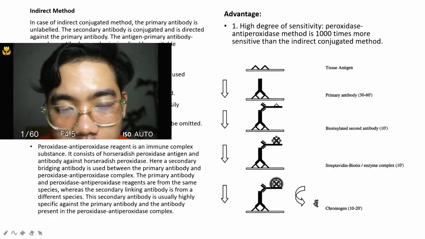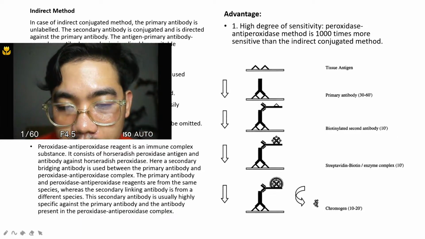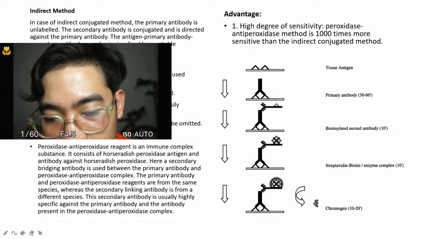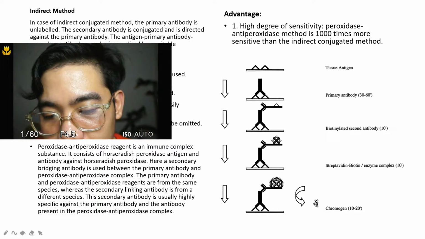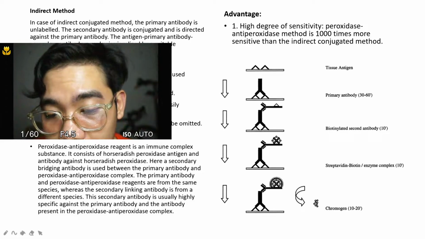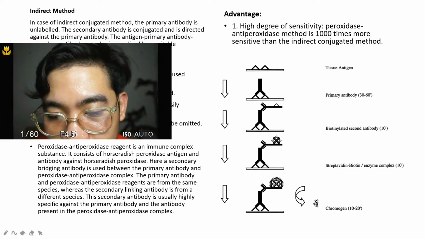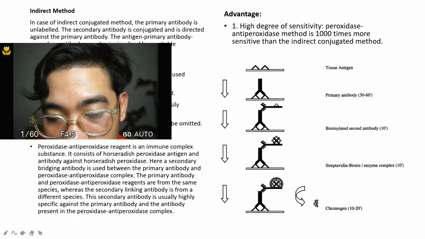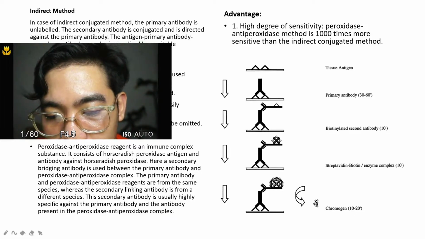So what are the advantages? Of course, like I said earlier, it's more sensitive in the sense that this secondary antibody can still attach to another primary antibody attached to your antigen, leading to more color being captured. Because if it's only the primary, there is only one there, and the staining is very weak since it's just a single one.